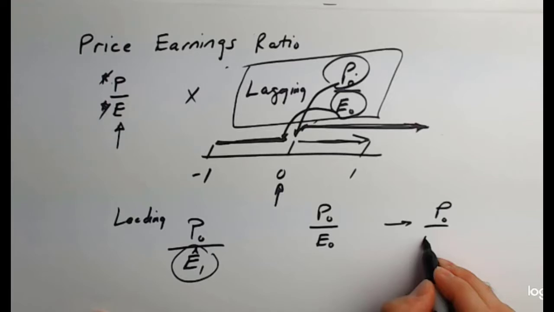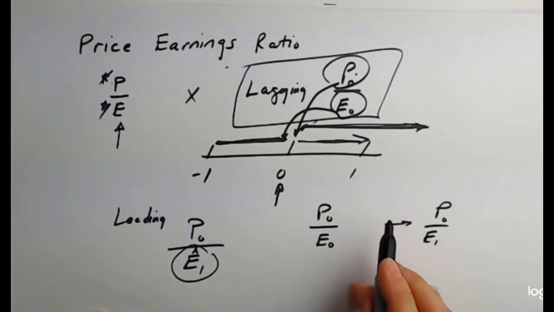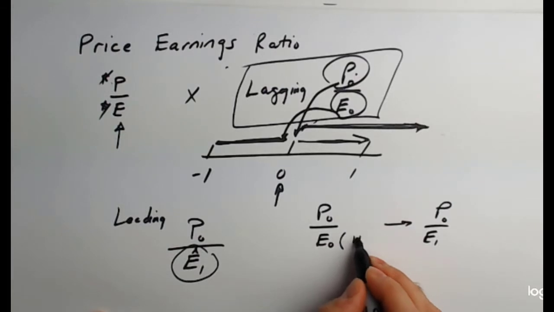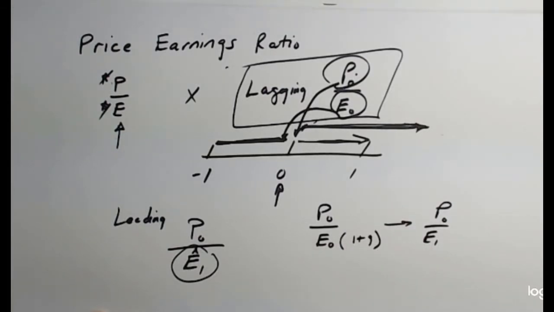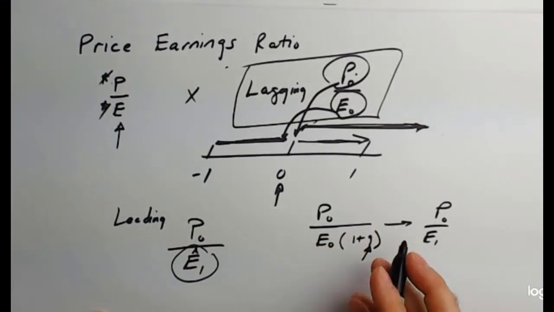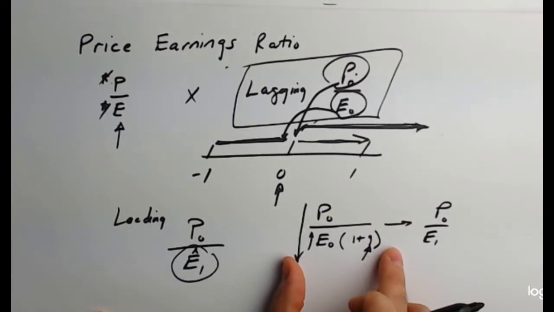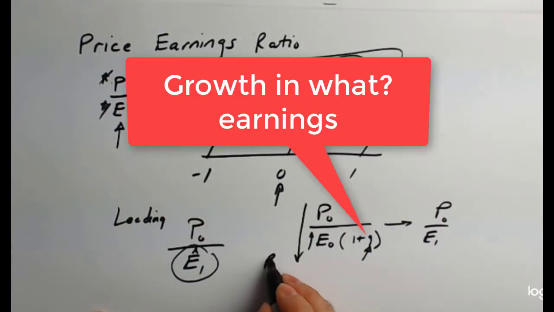I'll skip the little hat there for now. How do we get there? Well, you need to multiply this by 1 plus G. So when you have positive growth, earnings per share next period will be higher, and that means your leading PE will be smaller than if you just simply looked at the lagging PE.